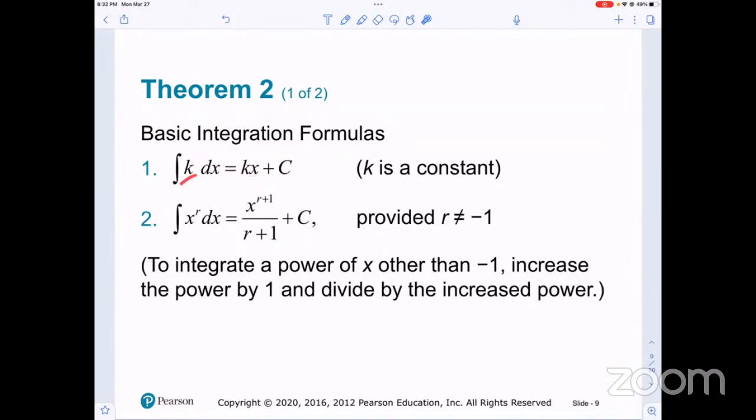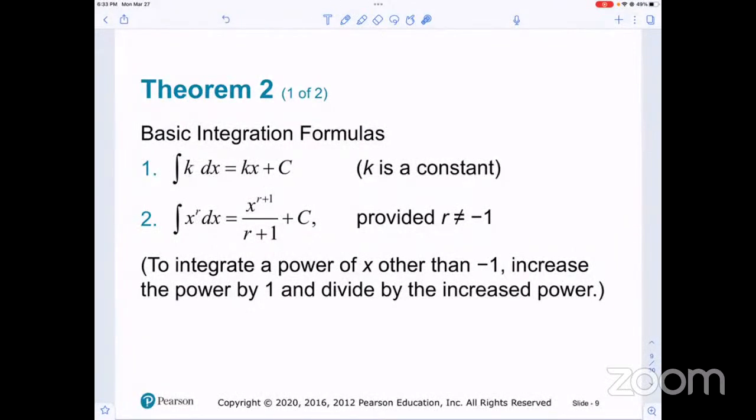Or some number times x, the derivative is just going to be that number. If you have x to a power, then the integral of that is, basically, you add 1 to the power and divide by that new power, plus your c. This was like where we integrated x squared. We added 1 to the power and divided by that new power. So then we ended up with x cubed.